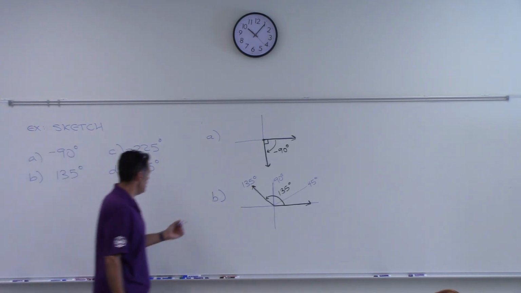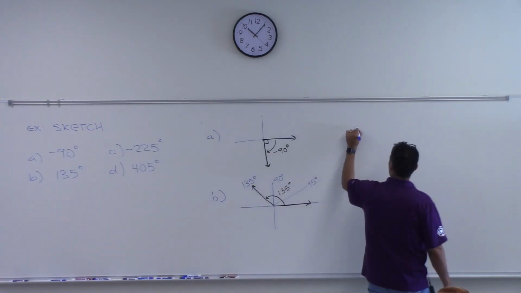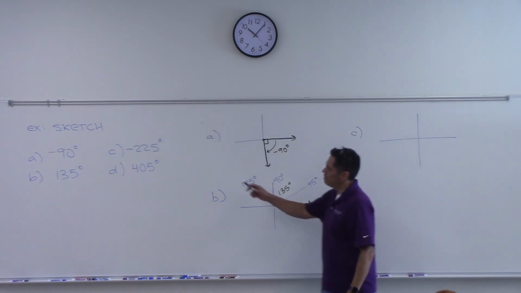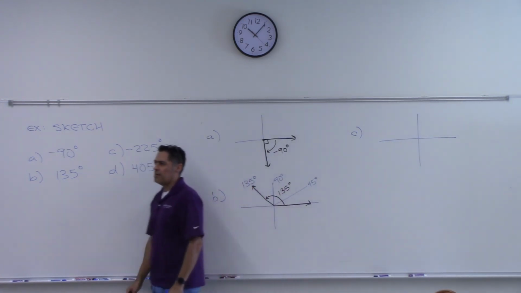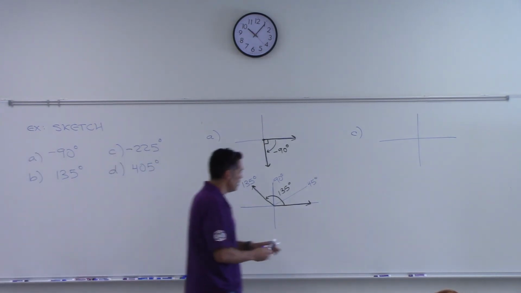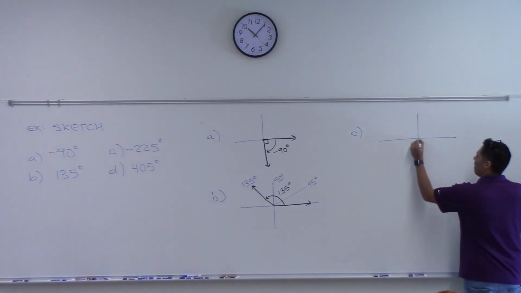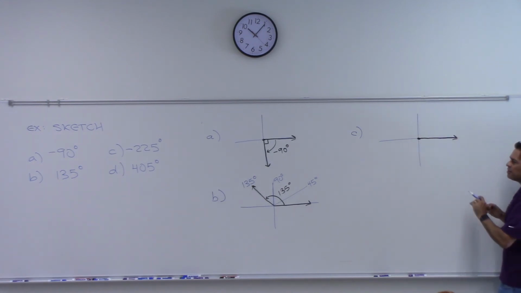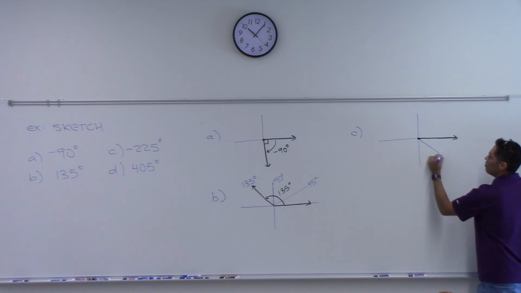Part C, negative 225. So my rotation is going to be clockwise or counterclockwise here? Clockwise. Okay, 225. Is that a number we should know or no? Let me try this. Here's my initial side, right? Let's do the same thing we did on this one. I'm going to cut this into quarters like this.